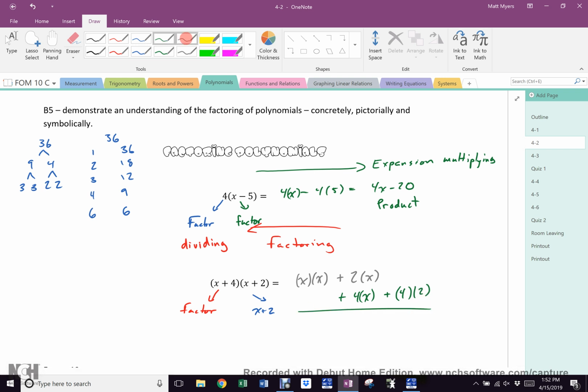And what do I get? X squared plus 6x plus 8. This is the product. Now, you can see that we started with a binomial and another binomial, and then we expanded to get a single trinomial. Everybody cool? Okay.